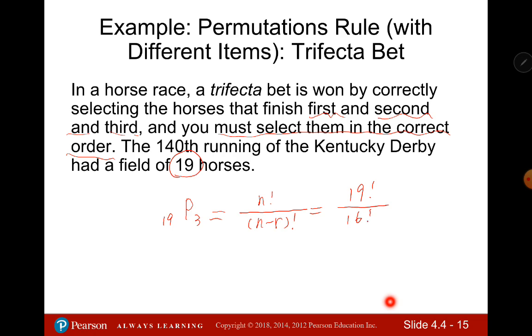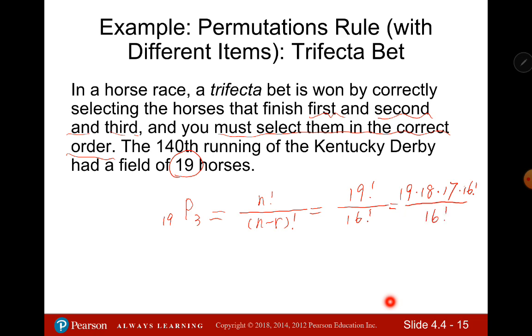Of course, you can directly use your calculator to help you do the calculation, but if you do not use the factorial function in your calculator, you can do it like this. Because the remaining part, 16 times 15 times 14 and so on, we can just write as 16 factorial.